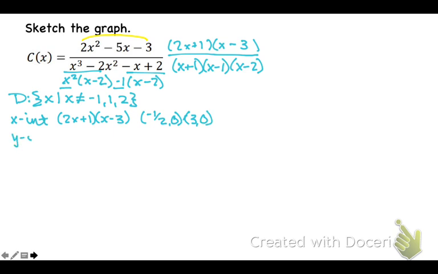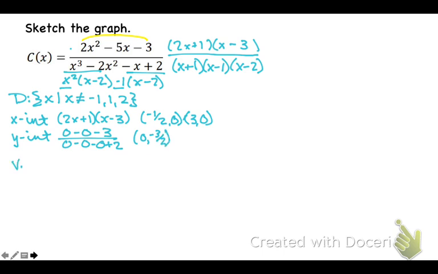My y-intercept is going to be 0s for all the x's, and I'm going to go back to the original because that's a lot. 0 minus 0 minus 3 over 0 minus 0 minus 0 plus 2. Okay, so my y-intercept then will be 0, negative 3/2. Good thing this is a sketch.